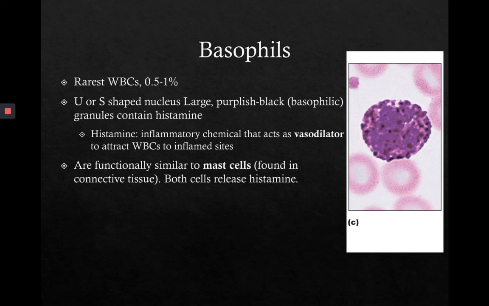The histamine released from its granules is able to make blood vessels dilate, so we call histamine a vasodilator. Basophils are functionally similar to mast cells, which also release histamine, and histamine from both acts very similarly. We would see increased vascular permeability and vasodilation, which is going to enhance or activate the inflammation response in the body.